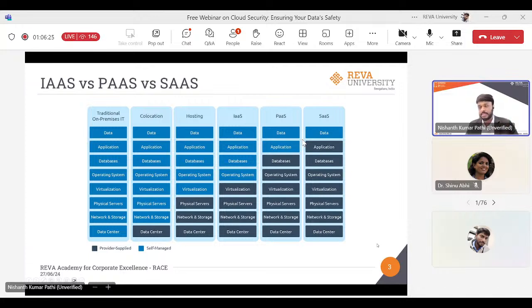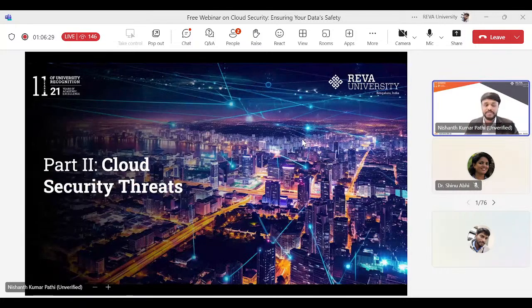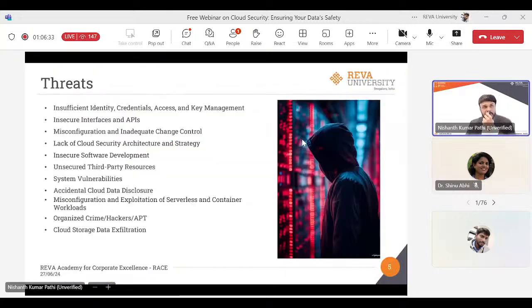So now these are the typical cloud models. Now let's look at what kind of threats can happen on the cloud. As per one of the reports from the Cloud Security Alliance, these are some of the common threats that someone can see. One is insufficient identity, credentials and access management, insecure interfaces and APIs. Again, we will be having a little more detailed discussion on this.